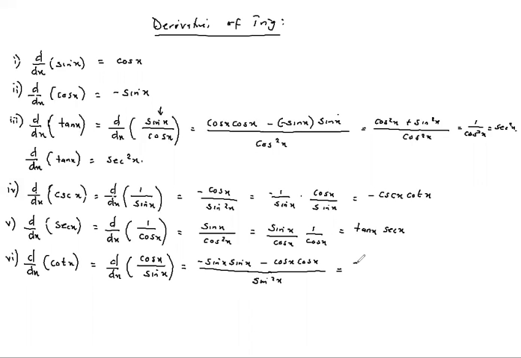You factor out negative, remain sine squared x plus cos squared x, divide by sine squared x. On top there, that's just 1 over sine squared x, and this turns out to be negative cosec squared x. That's the derivative of cot.